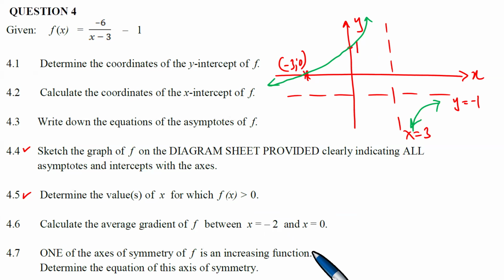Determine the values of x for which the function is positive, bigger than 0. What's the answer, Tando? X has to be 1 and above.